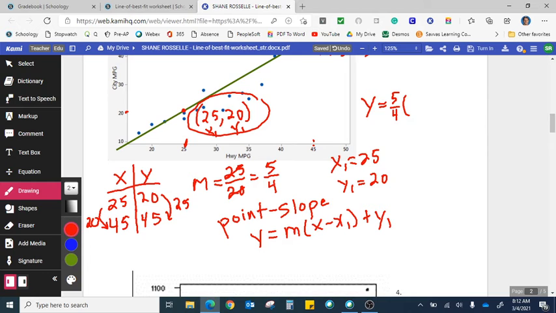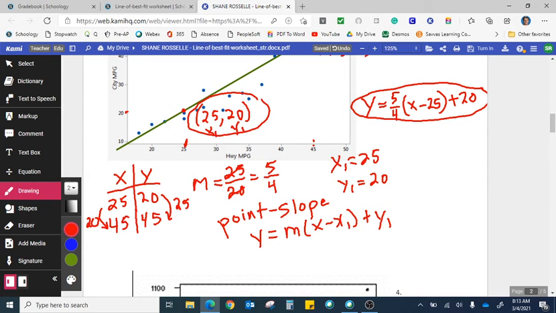Then I write parentheses x minus x1, which is 25, and I'm going to say plus my y1, which is 20. So this would be good.